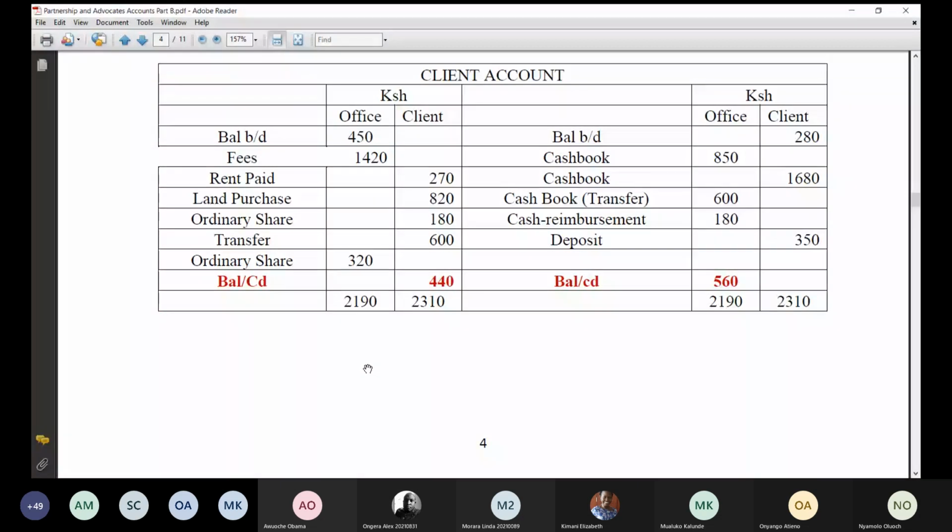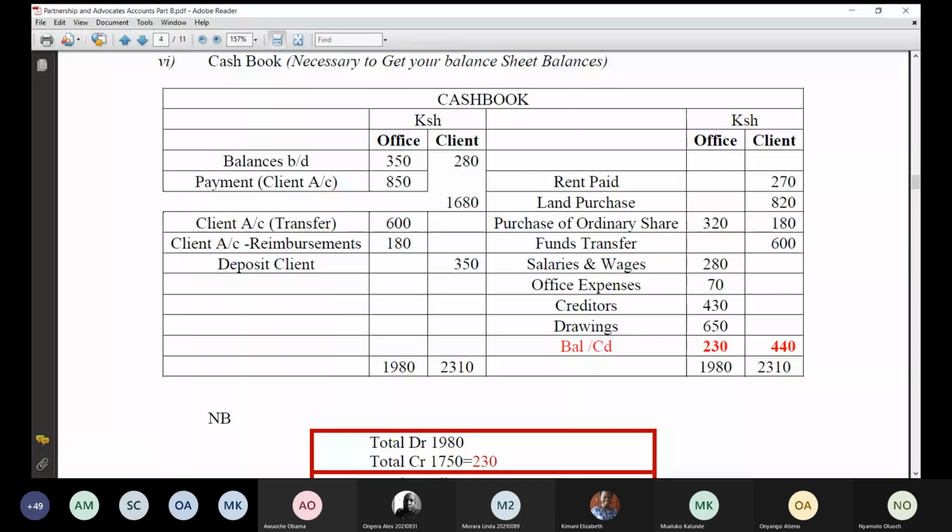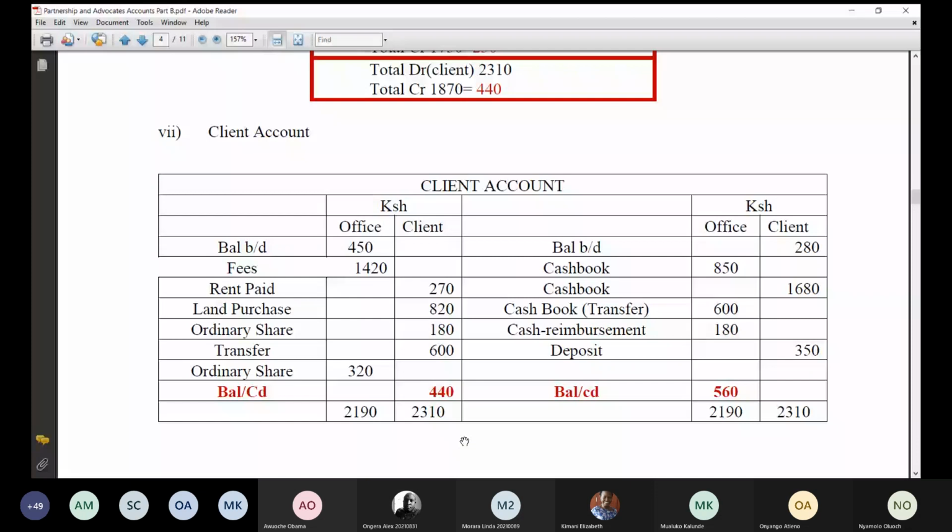I told you that the figure of 440, you will see it twice. You will see it as an asset and as a liability. It is an asset under your cash book because you're going to bring it down on this side as your asset. It's money that is there. It is a liability because then you will bring it as the balance brought down within the next financial year on the credit side.